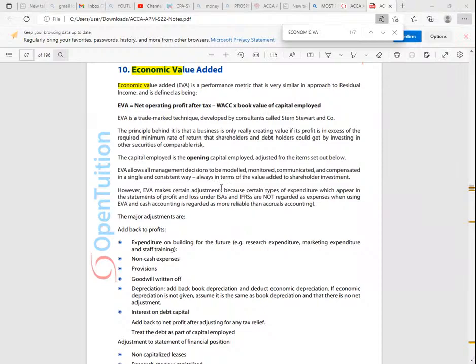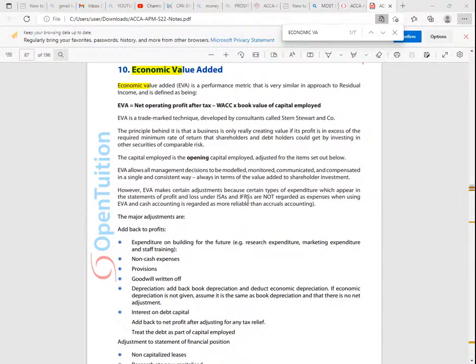However, EVA makes certain adjustments because certain types of expenditures which appear in the statements of profit and loss under IAS, International Accounting Standards, and IFRS, the International Financial Reporting Standards, are not regarded as expenses when using EVA. And cash accounting is regarded as more reliable than accruals accounting. It becomes a bit complicated, but we'll be able to understand this.